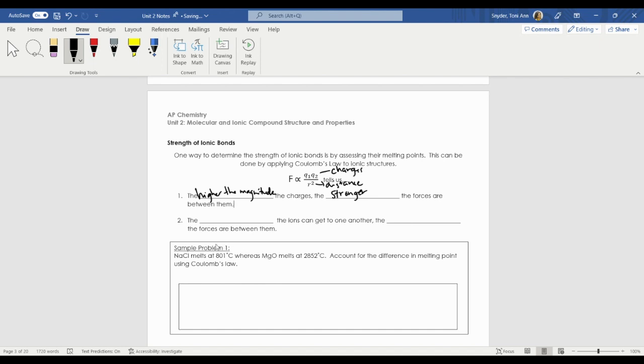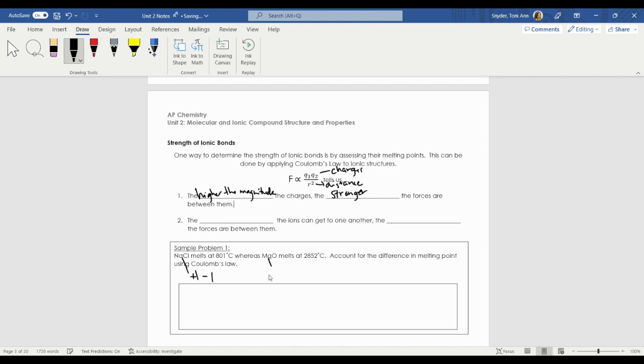In this case, I think the best way to start analyzing the strength of ionic bonds is to think about the magnitude that the charges have. What do I mean by that? NaCl has a magnitude of charges of +1 and -1, right? So sodium's +1 and chloride is -1.